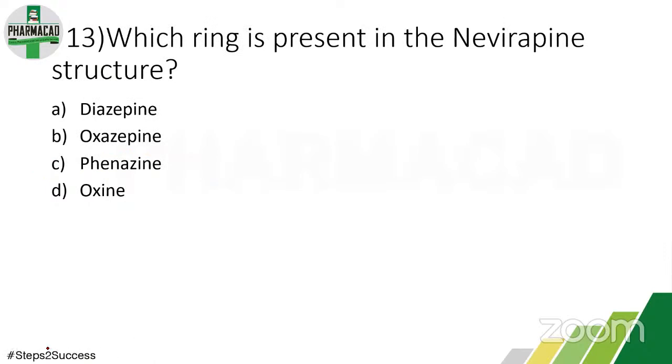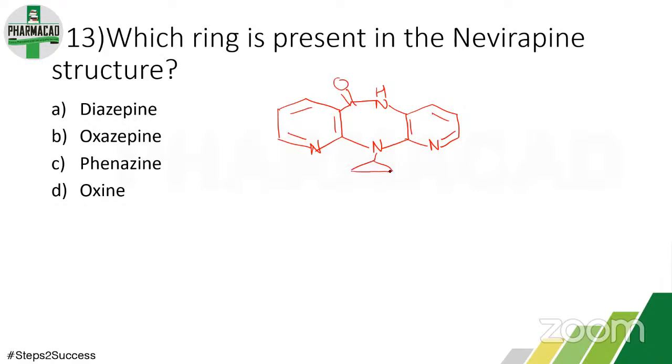The next question: which ring is present in the nevirapine structure? First we will see the structure of nevirapine. Nevirapine is a tricyclic, with an NH over here, an N, a 6-membered ring with N. Over here a double bond O, and this nitrogen is with a cyclopropyl. So this is the structure of nevirapine.